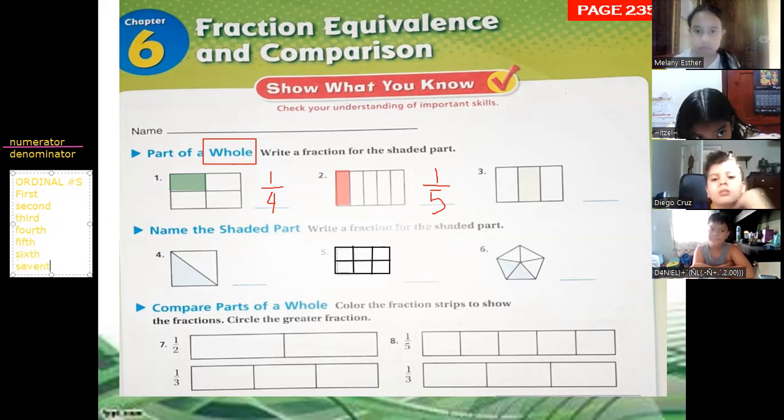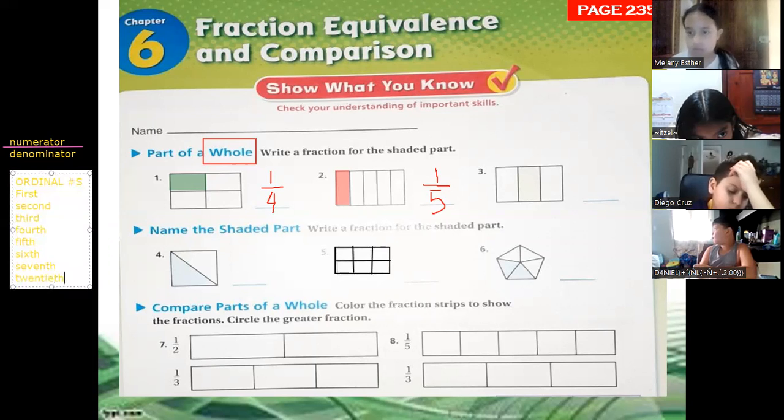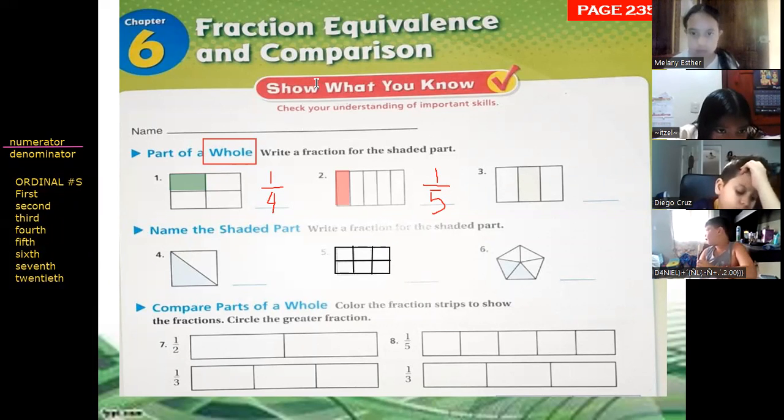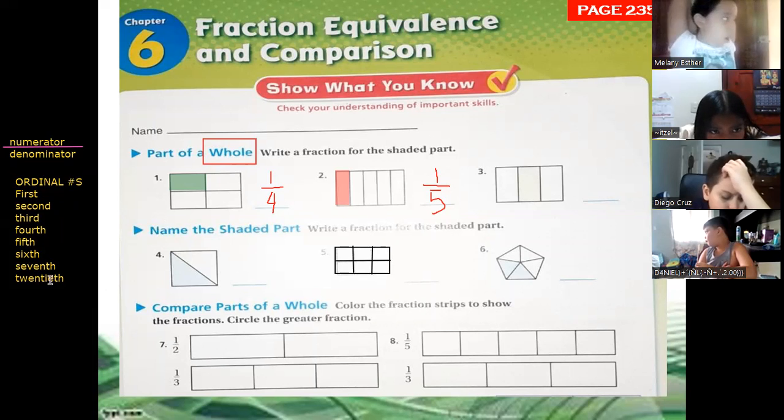7th. There are some numbers that change in the way you read them, like 20th. Look, 20, 20th. In 20, we apply the rule. We change the y to i, and then we add the suffix eth, 20th.